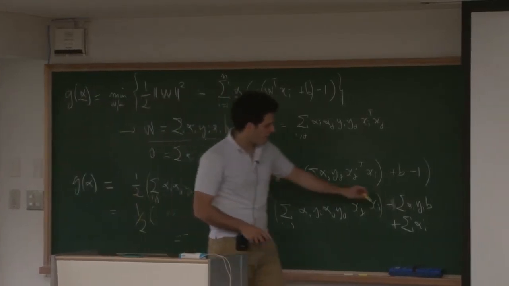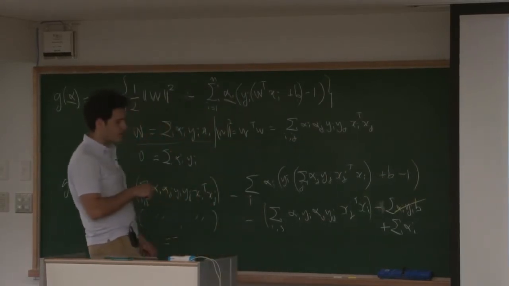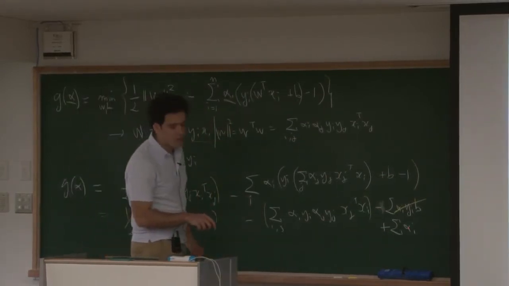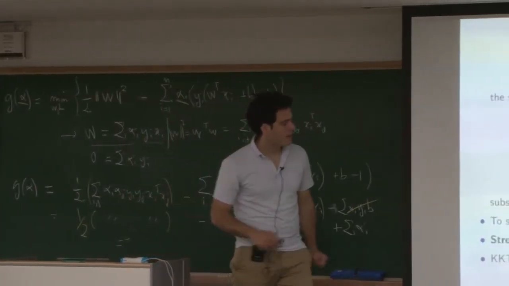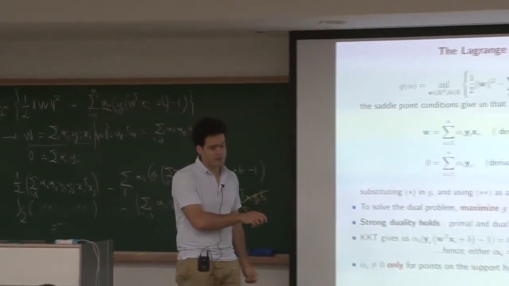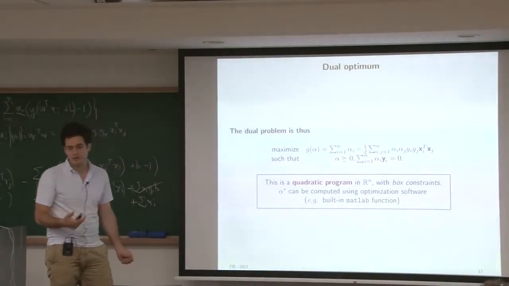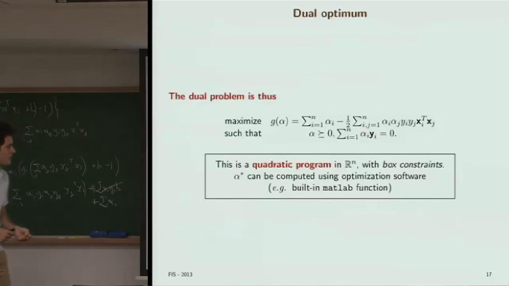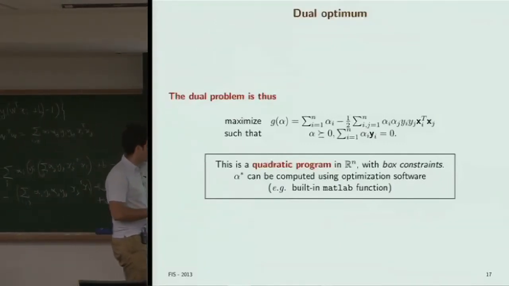This term here, the sum of alpha I yi b, is 0 because the sum of alpha I yi is equal to 0. And then we only have the sum of alpha I that remains. So by substituting these two relationships, in the minimum, and it's just a little bit of algebra, we end up with this function g of alpha.